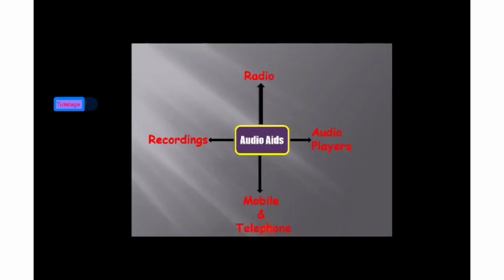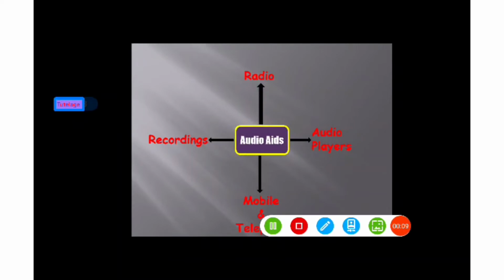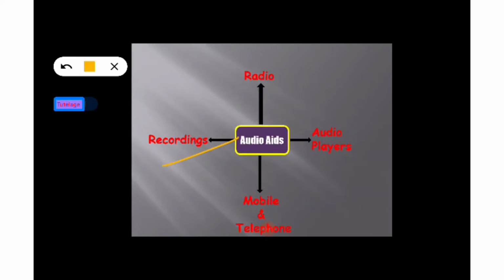Okay, the next example of audio aids is recordings, that is the recorder also. So a recorder is basically an example of audio aids. Recorders can be used to facilitate the teaching learning process, and can be used to record lectures, discussions, dialogues, conversations, etc. The recorded audio clips can be used later at any time.